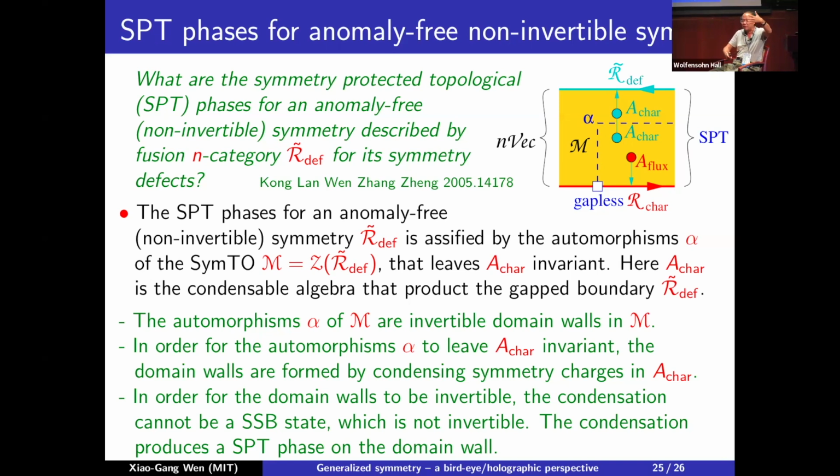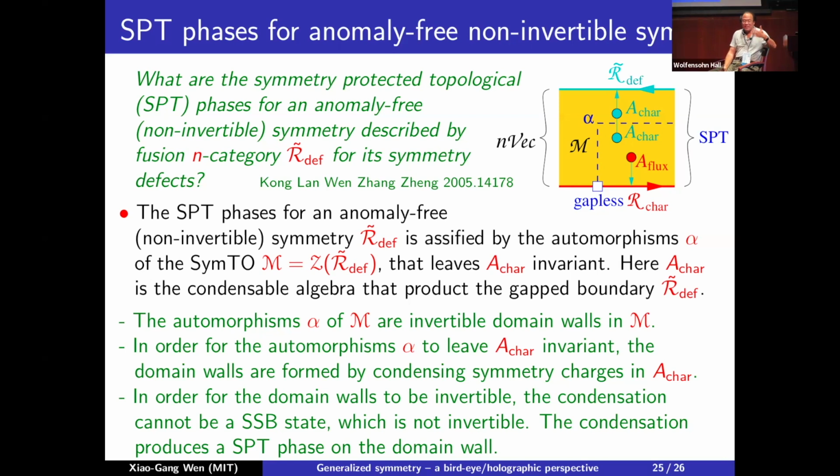That's a trivial SPT. What is a non-trivial SPT? We can have this slab construction. We just insert an automorphism in the bulk. The bulk SymTO may have an automorphism, that is, an invertible domain wall in the bulk. When you insert this invertible domain wall in the bulk, then things change, and this combination with the invertible domain wall becomes an SPT state.